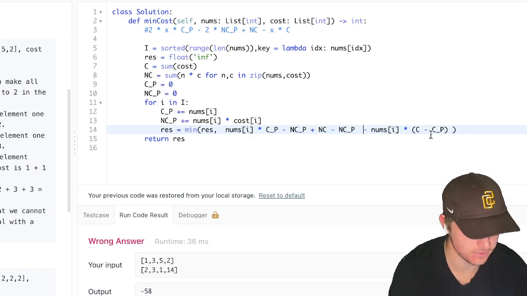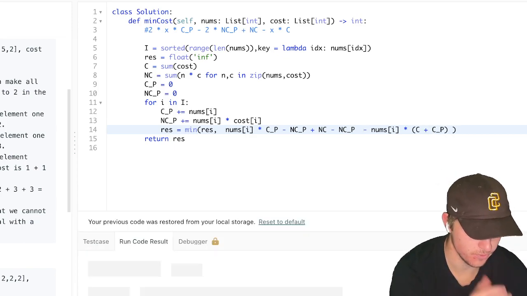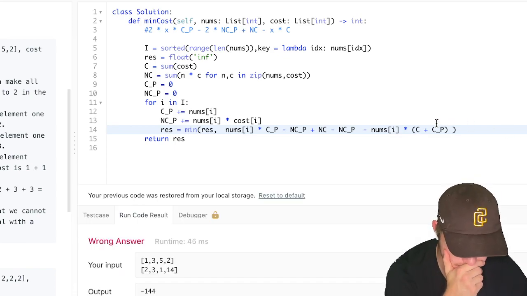I think this sign is wrong, but I don't have any way to prove that. I think that actually makes it bigger.